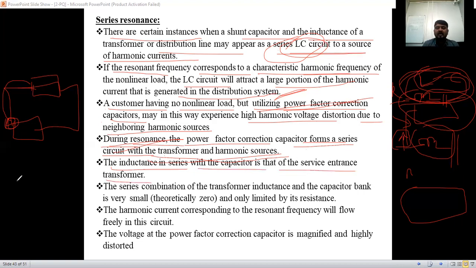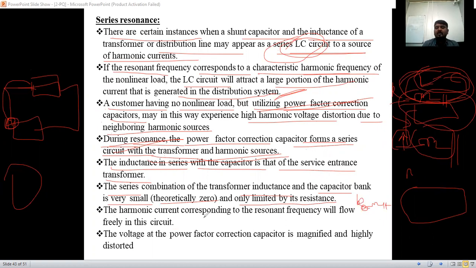So this series combination of the transformer inductance and capacitor bank is very small. Theoretically, we consider it as 0, limited only by its resistance. We should not consider the resistance as 0, because the conductor also has some resistance, so it is limited only by the resistance.